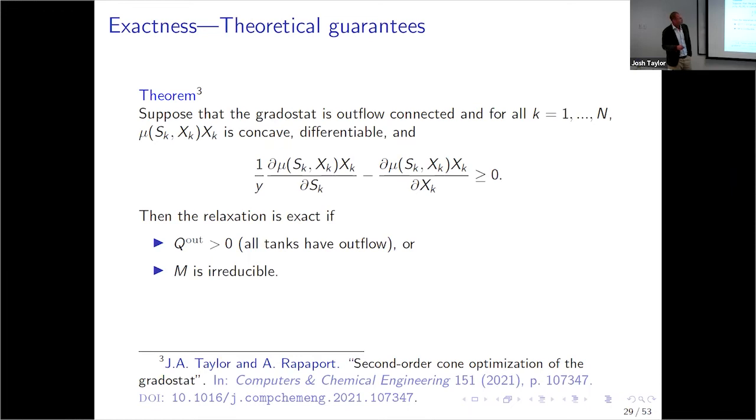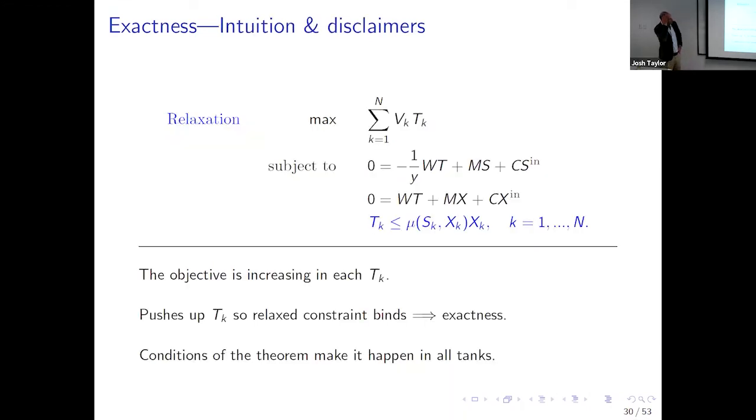And so what that means is that this partial derivative is typically on the steeper part of the concave function, and this partial derivative is typically on the flatter part. So this is usually very easily satisfied in all the applications we've looked at. These are sufficient conditions that are a simplification of a more complicated condition that's in the paper.